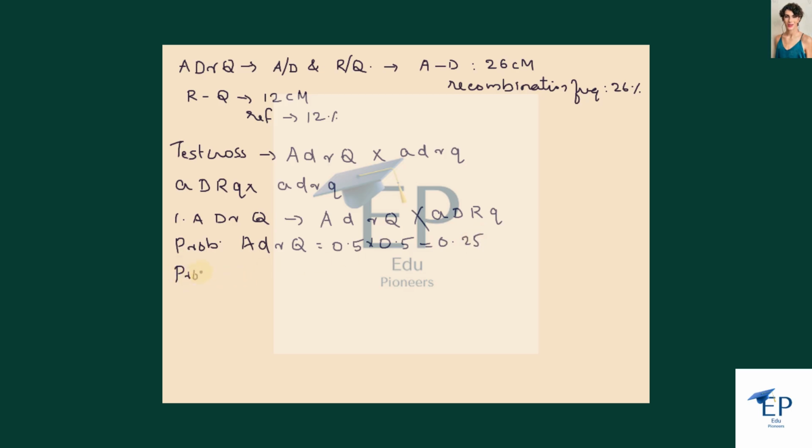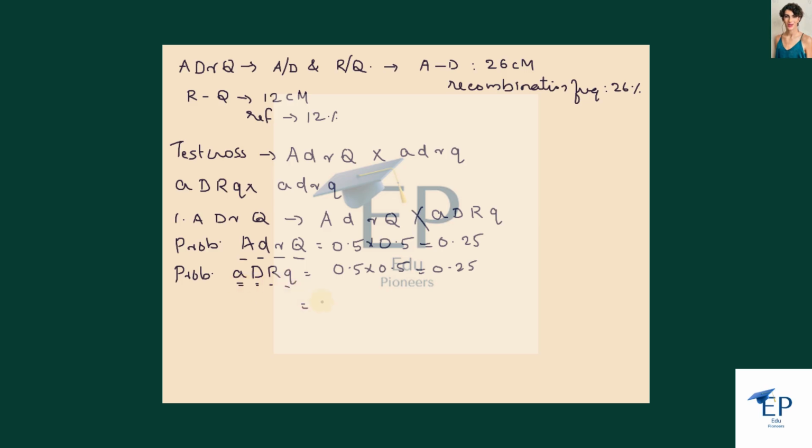Now probability of small a, capital D, capital R, small q equals probability of small a into probability of capital D, capital R, small q. That is also 0.5 into 0.5 equal to 0.25. Now the expected number of progeny with capital A, capital D, small r, capital Q genotype will be equal to total progeny into probability of capital A, small d, small r, capital Q into probability of small a, capital D, capital R, small q.